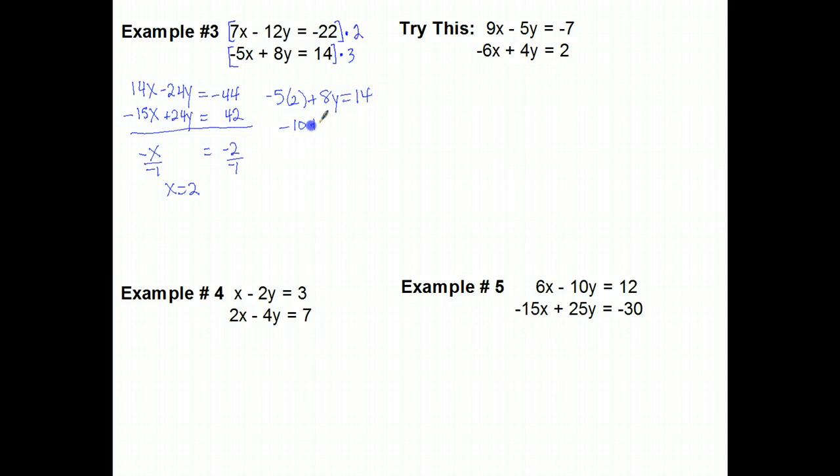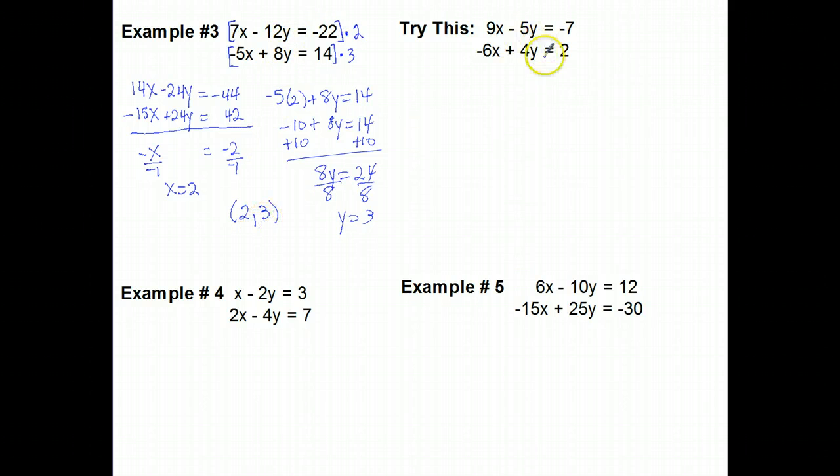Negative 10 plus 8y equals 14. Add 10 to both sides. 8y equals 24. We divide both sides by 8, and y is equal to 3. Solution to the system is the ordered pair 2, 3. Or if we were to graph these two, they would intersect at 2, 3.